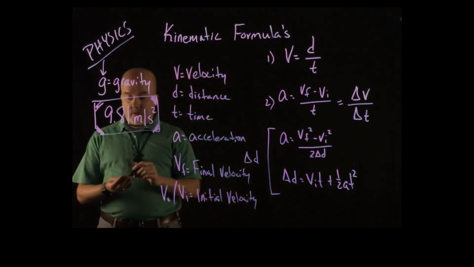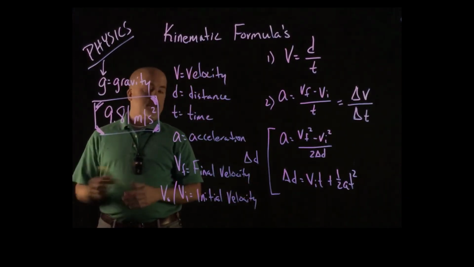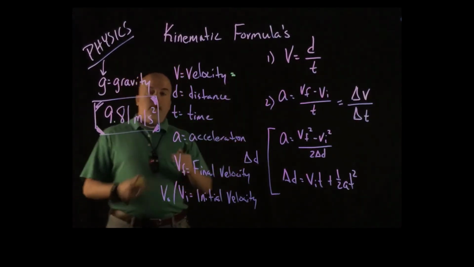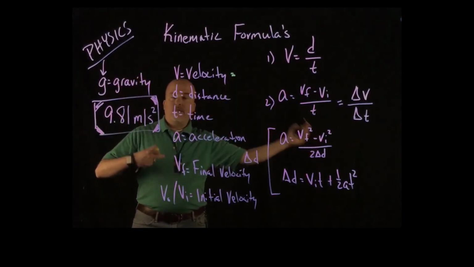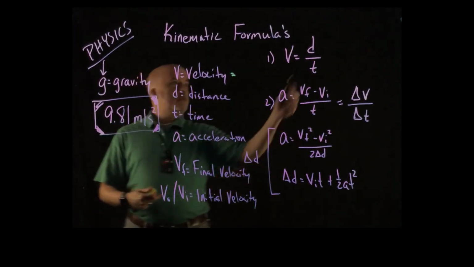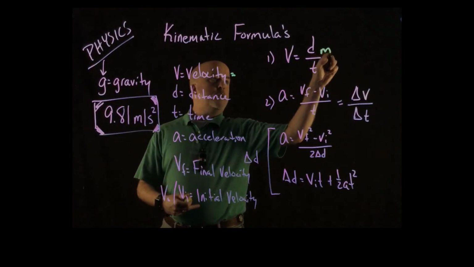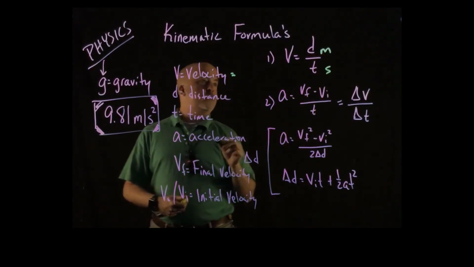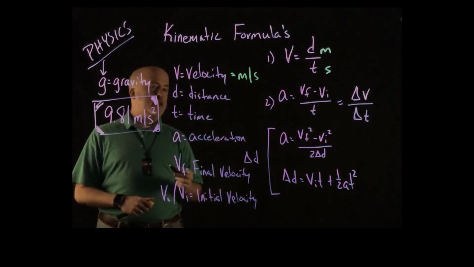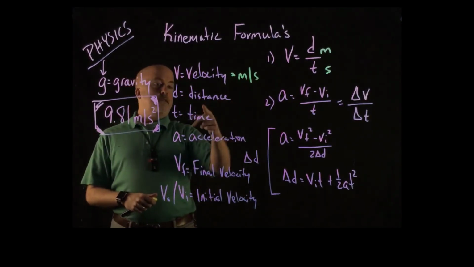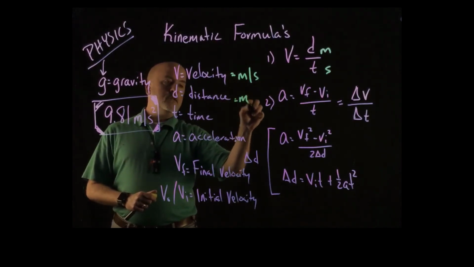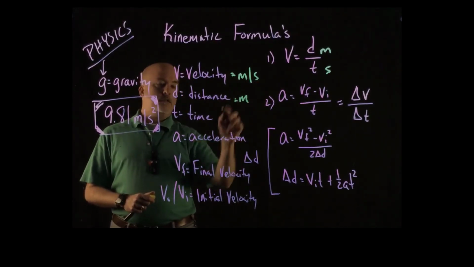So let's go through real quick and just throw out the units of measurement. If I'm talking about velocity, an object is going a certain amount of speed in a certain amount of time. So my distance is always measured in meters, my time is in seconds, so my unit of measurement is meters per second. Okay? What's distance? I already told you. It's in meters. Time? I already told you.